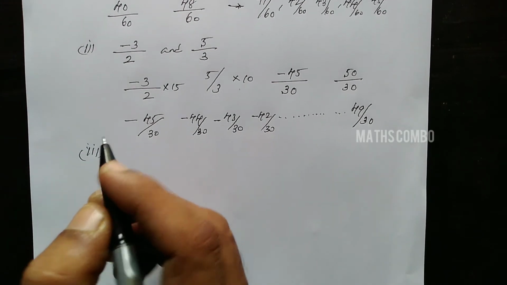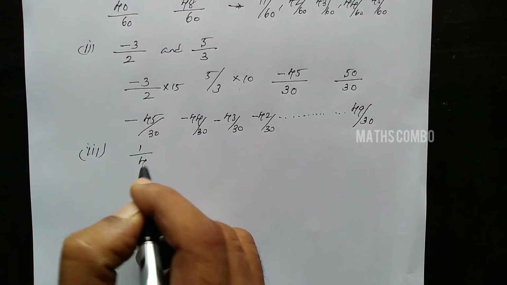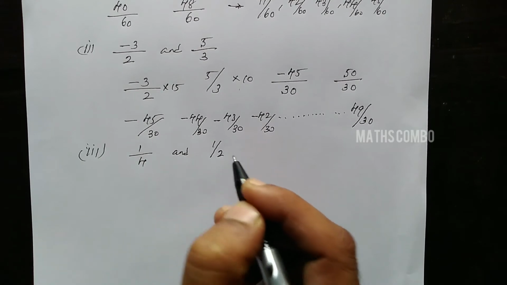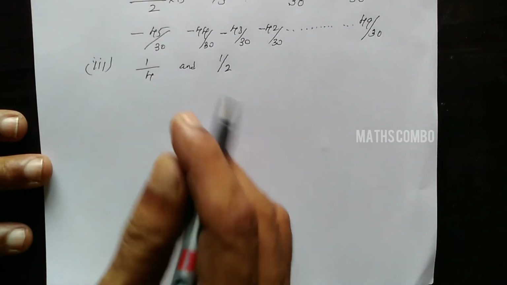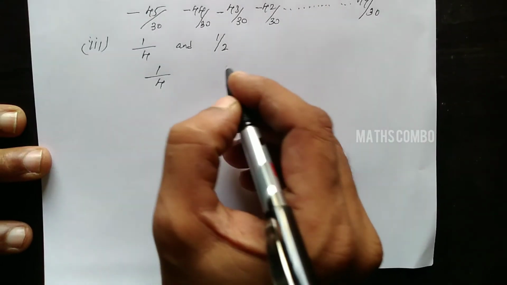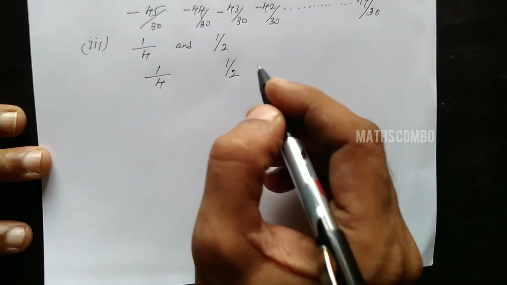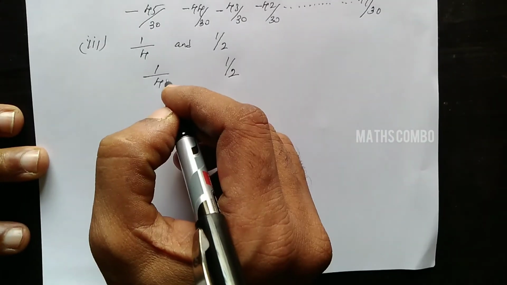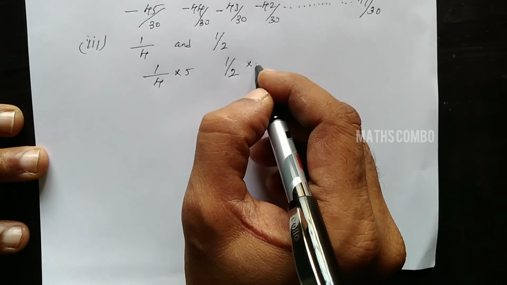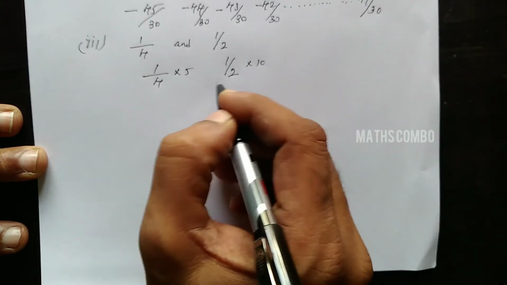They are asking 1 by 4 and 1 by 2. Okay, now I just equalize both the denominators. So 1 by 4 and 1 by 2. Let us multiply by 5 and by 10 to get the equal denominator.